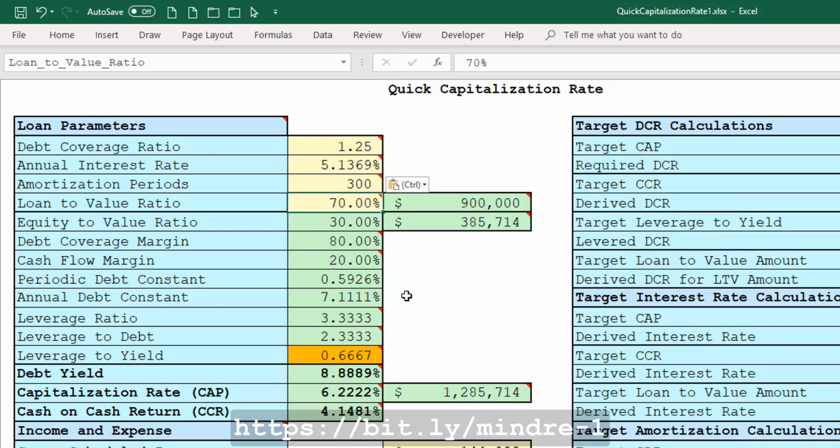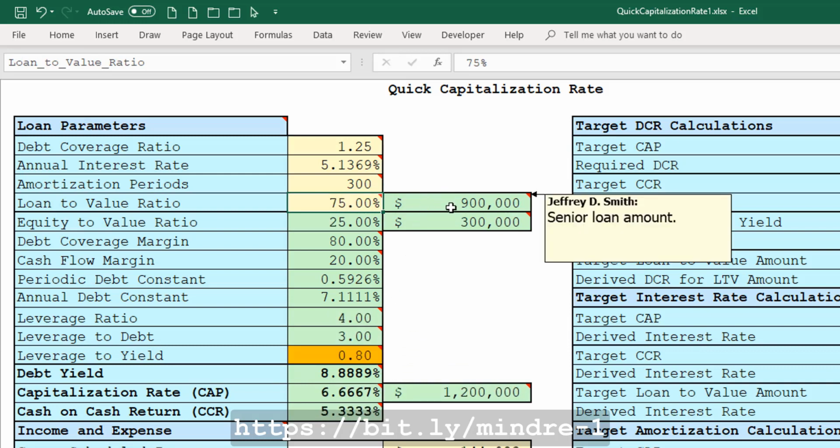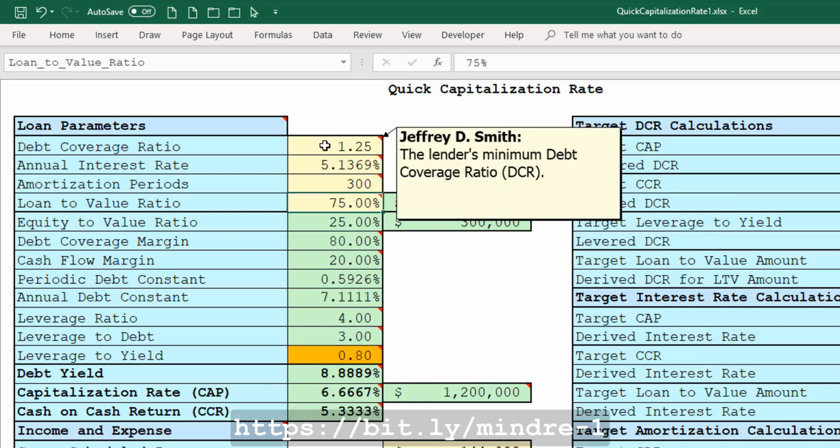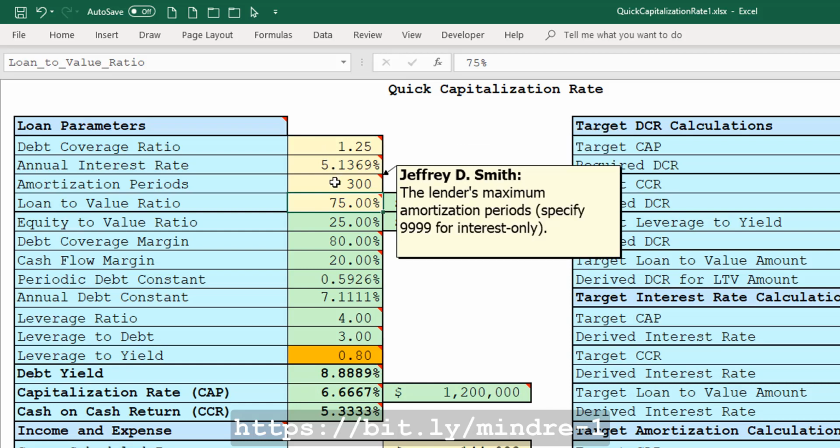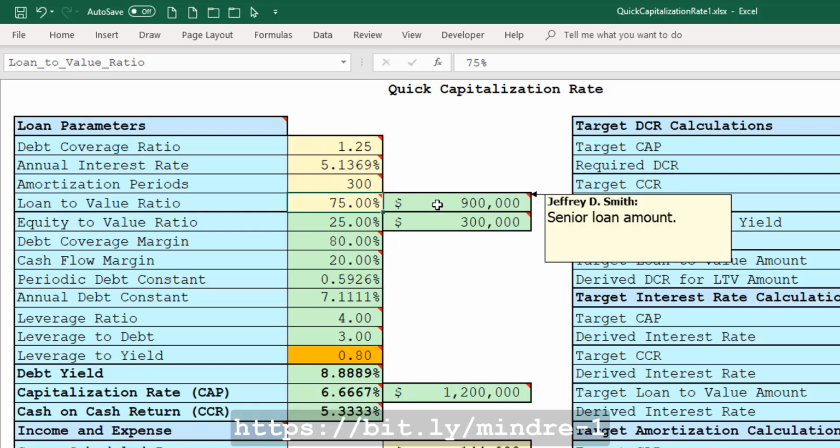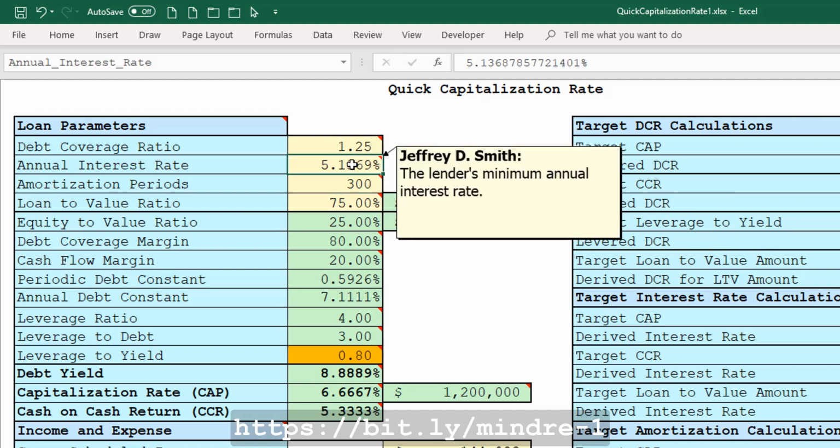And still we can change the loan to value ratio, doesn't matter, still 900,000, because these first three parameters determine the debt yield, and it's the debt yield that determines the loan amount. 4.875%.